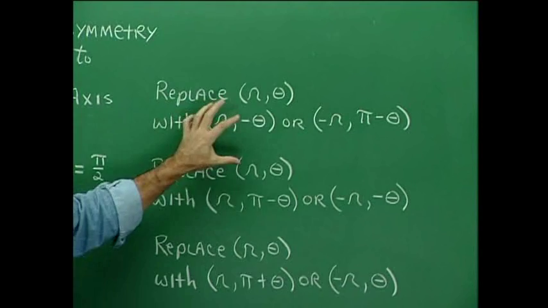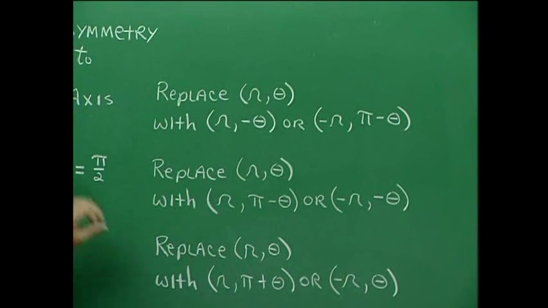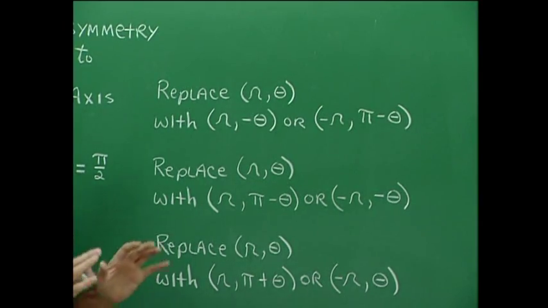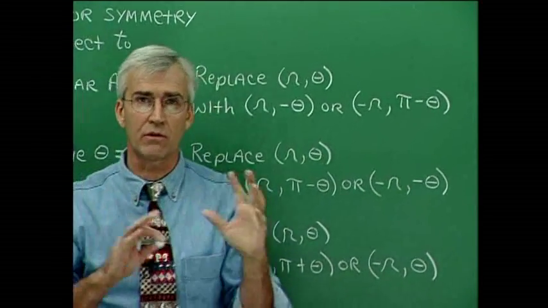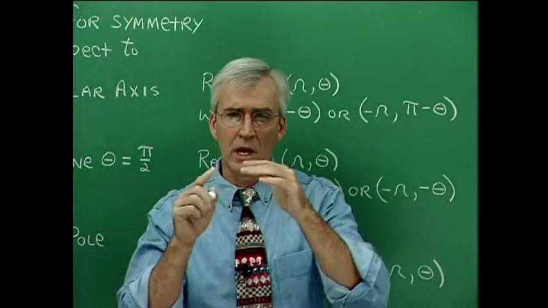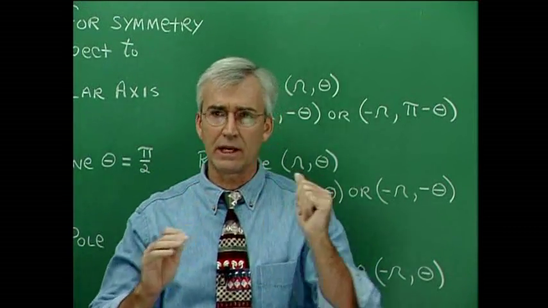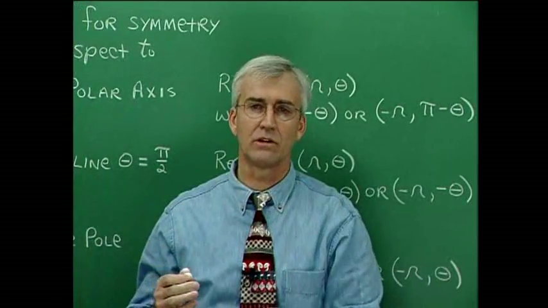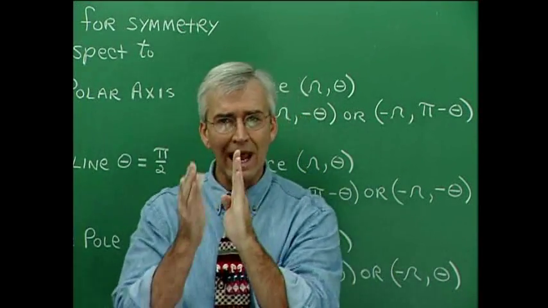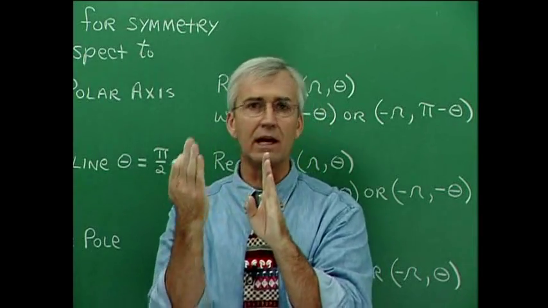Now, I don't suppose that you're going to go through and memorize these replacements, but I really would encourage you to think through that process. Okay, if we have symmetry about, let's say, the vertical axis, the theta equals pi over 2 line, then what happens in terms of the theta and the r?